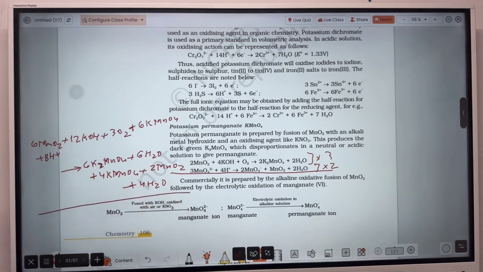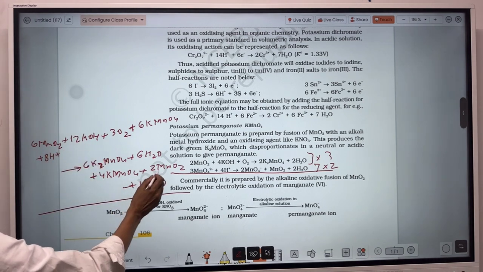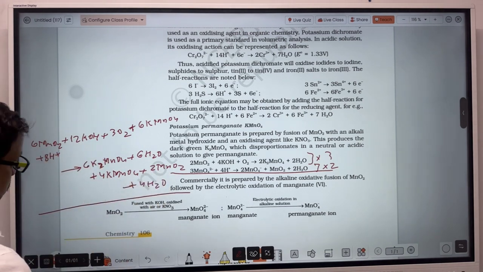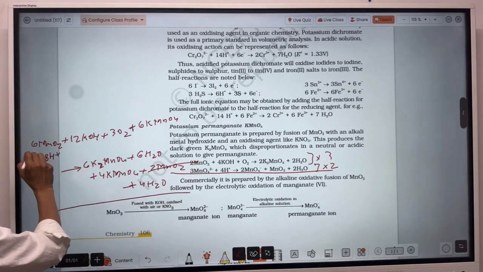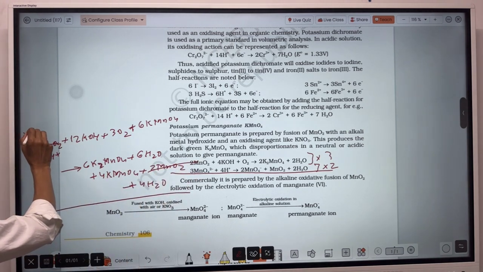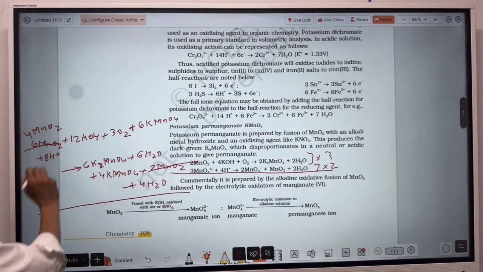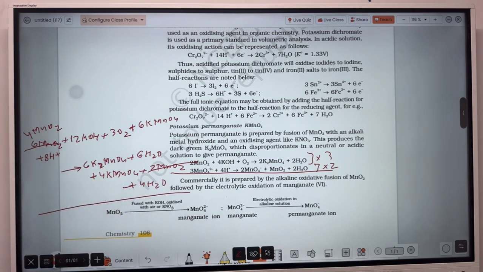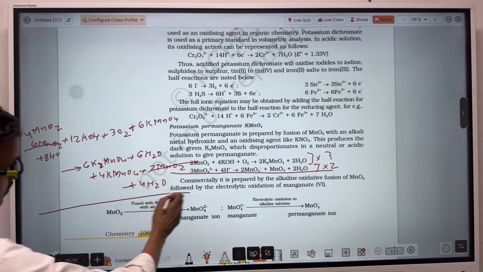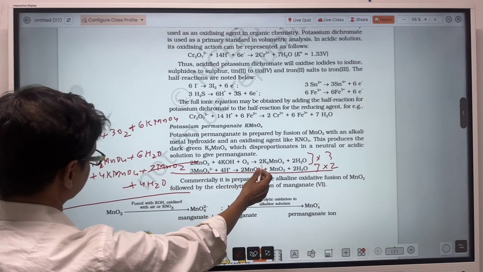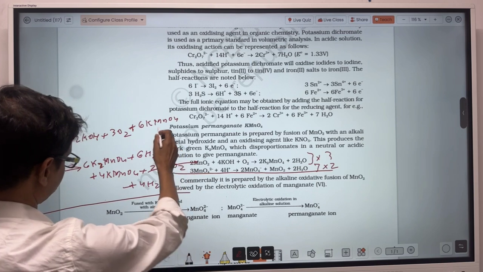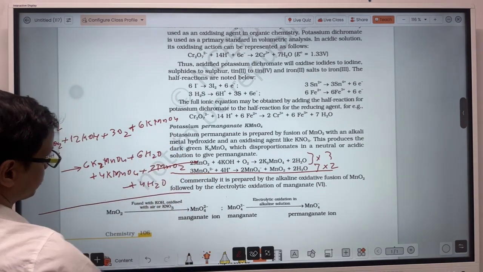Add all of them. So here is 6 MnO2, 2 MnO2, so here 4 MnO2. Six KMnO4 here, 6 KMnO4, 4 KMnO4.